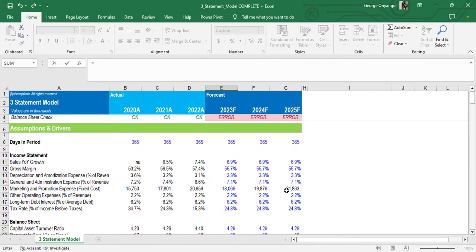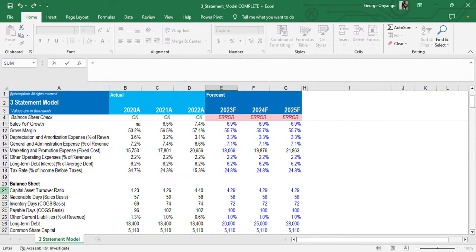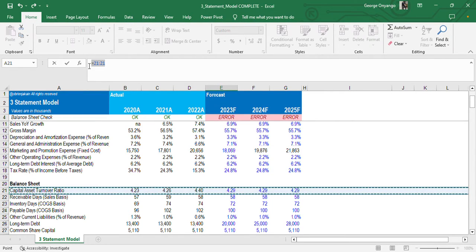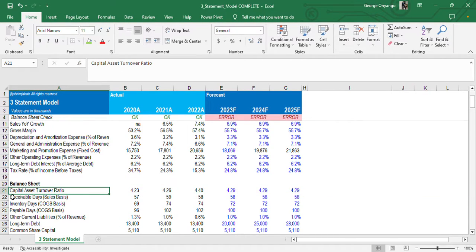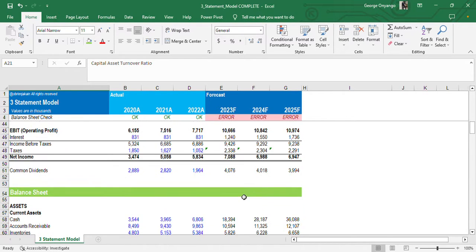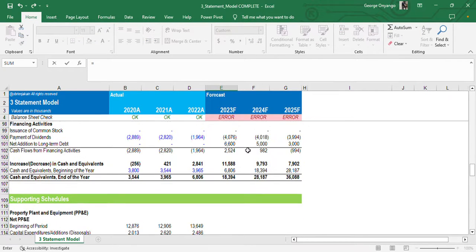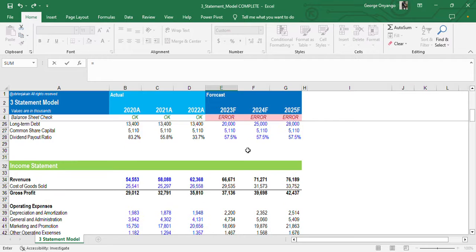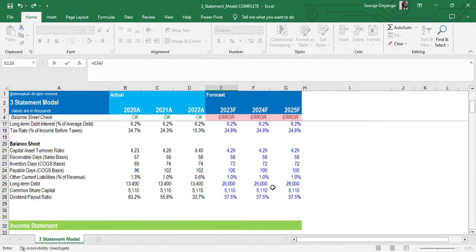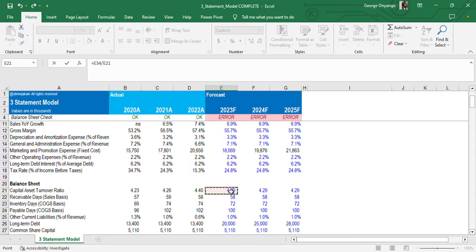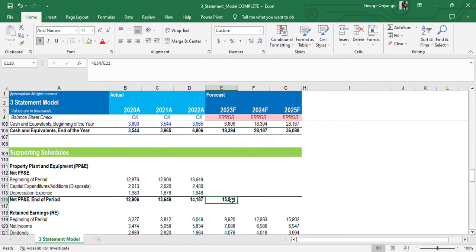From the information we have up here, we are told that the capital asset turnover ratio is given, and this is the ratio between the net sales and the capital assets. So to get the net PPE at the end of the period, we are simply going to get the net sales or the revenue, then we divide that by the capital asset turnover ratio. So we're just going to fill that right.